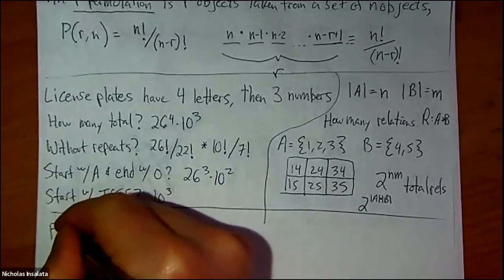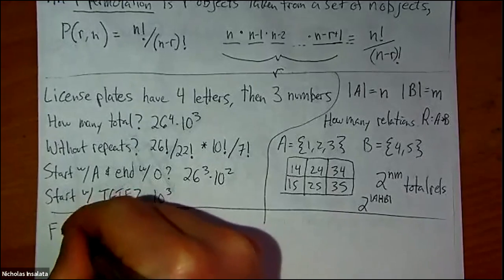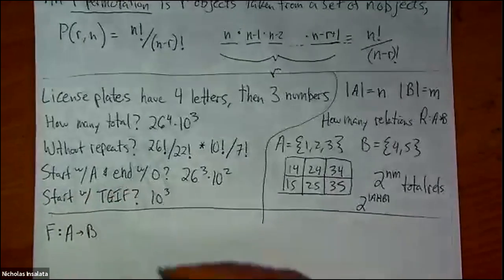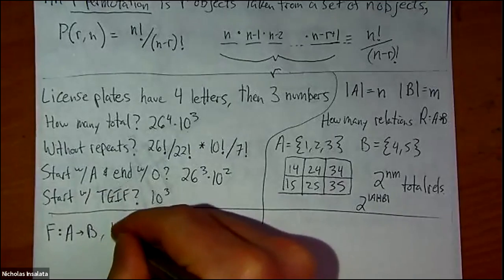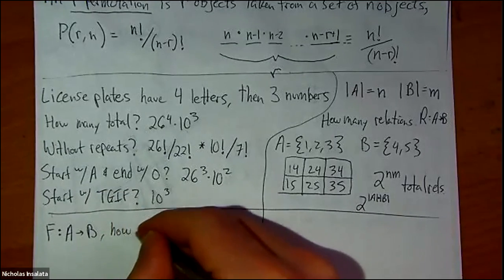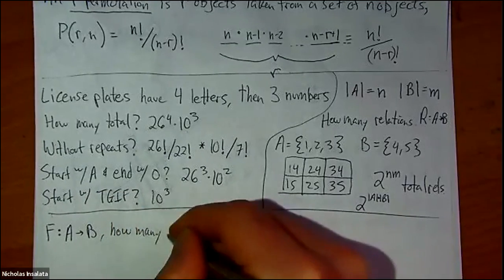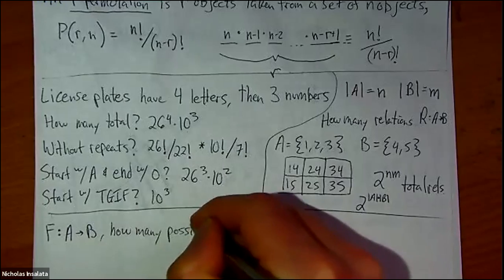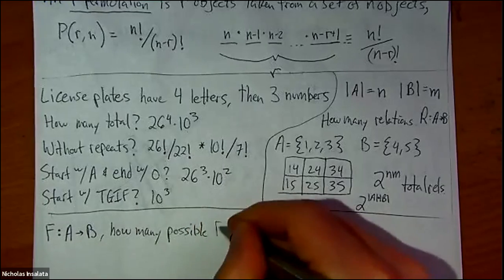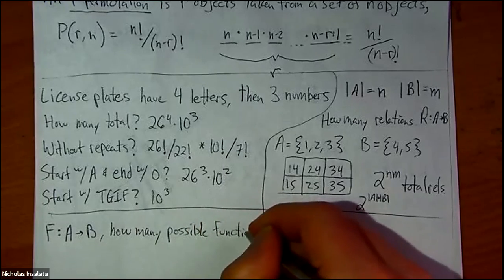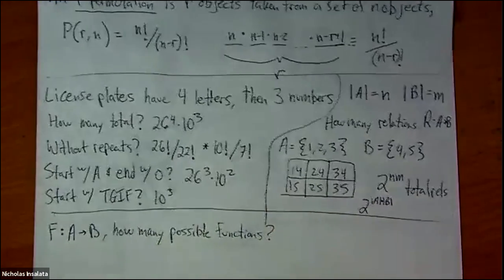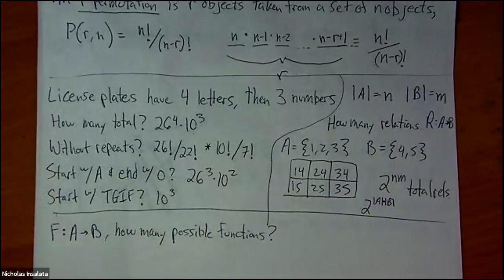F is a function from A to B. How many possible functions are there? So now we have some rules, right?